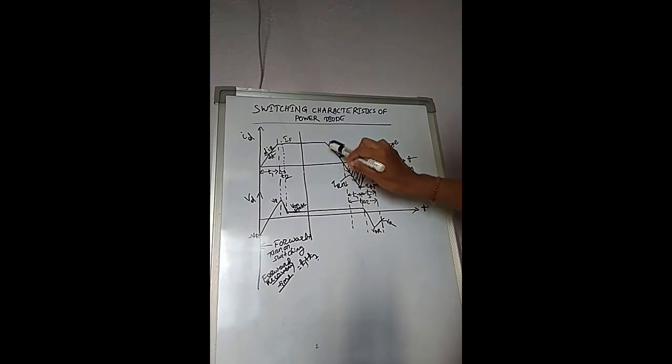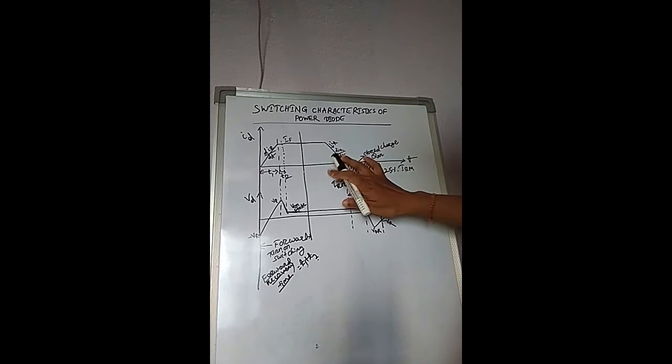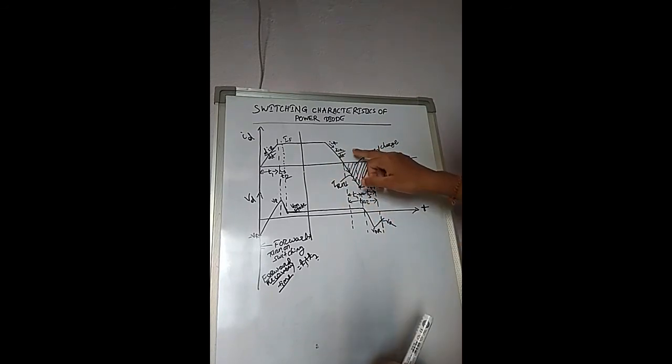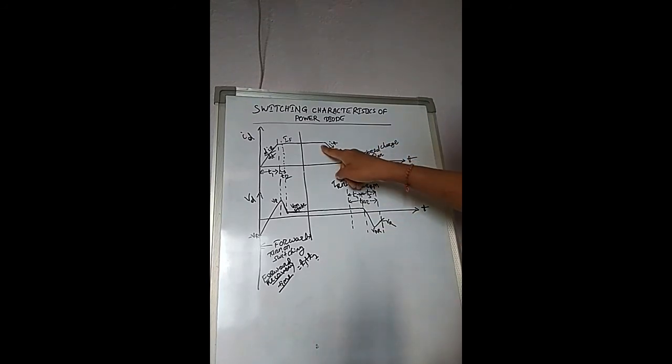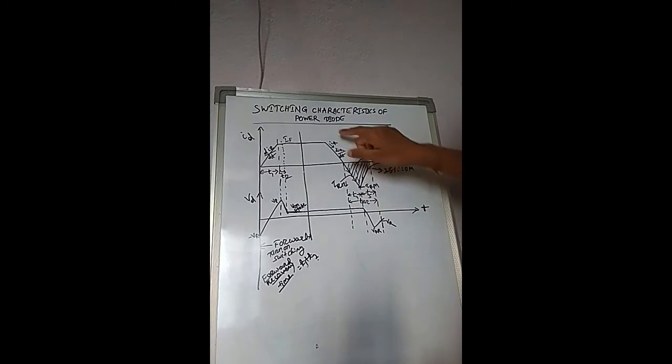When we want to turn off the diode, we remove the supply voltage. After removing the supply voltage, the diode is not in the off state due to the presence of stored charge. The anode current decays to zero with a slope of dIR/dt.